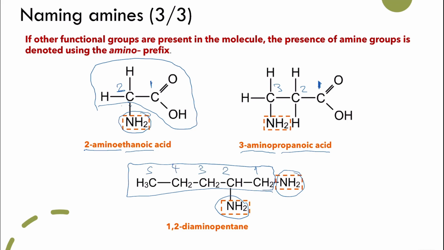So it's a pentane. This is going to be the root name. And then we say where the two amino groups are. They are on carbon number 1 and carbon number 2. So this is called 1,2-diaminopentane.